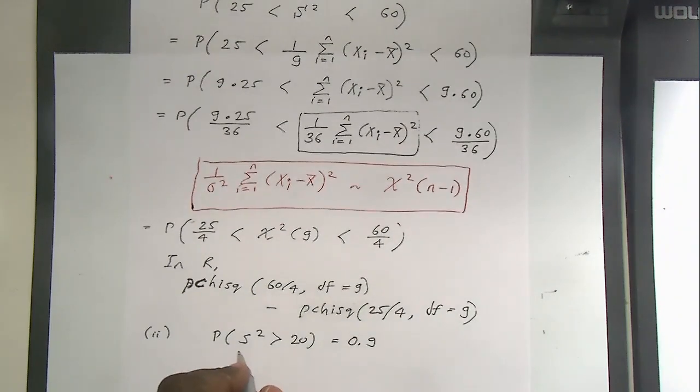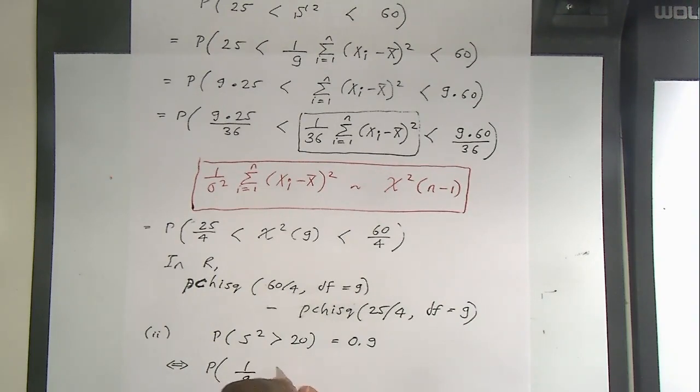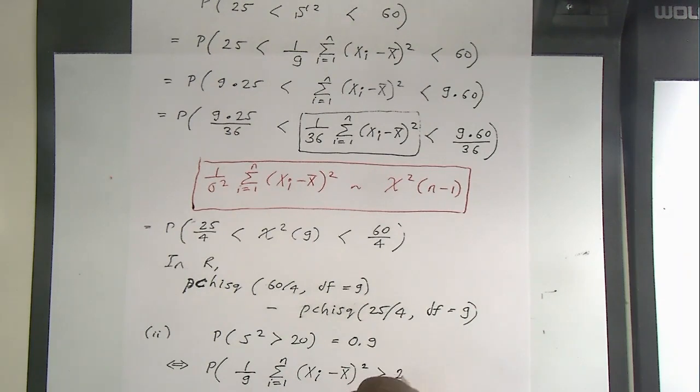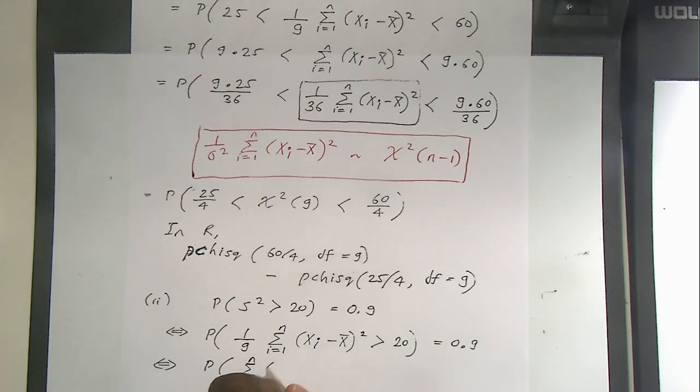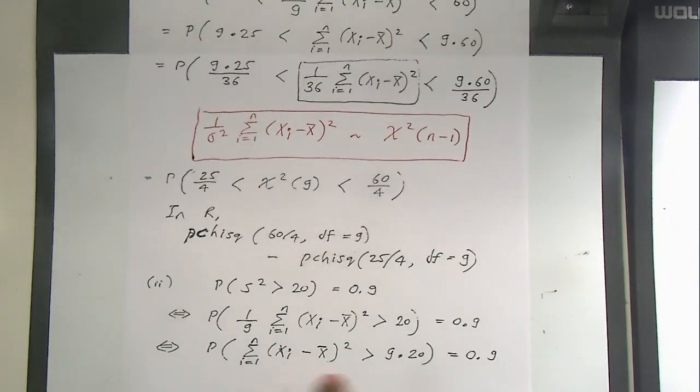Remember, s squared is the sample variance, so this is the same as saying that the probability that n minus 1 times s squared is greater than 9 times 20 is 0.9. Now divide both sides by sigma squared, which is 36.